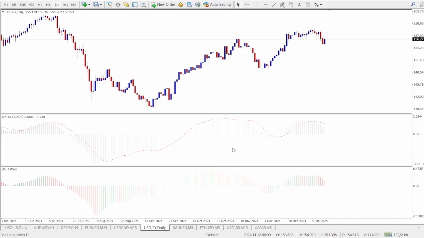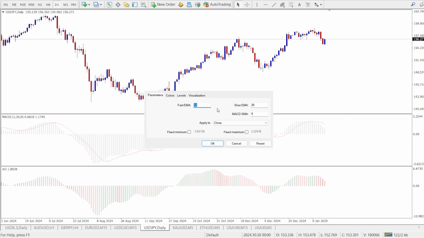The MACD consists of three main components: the MACD line, the signal line, and the histogram. Now the MACD line is the difference between two exponential moving averages, typically the 12 period and the 26 period EMAs. Now we can see the fast EMA 12, the slow EMA 26.